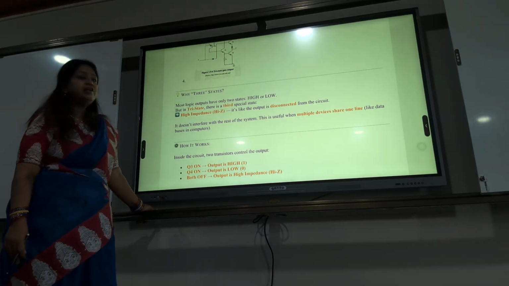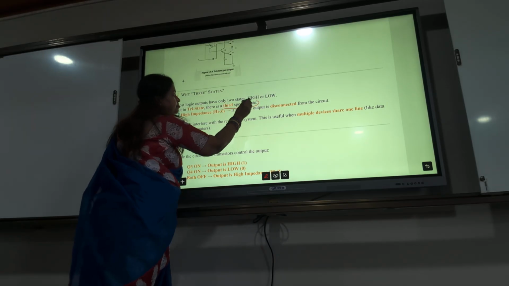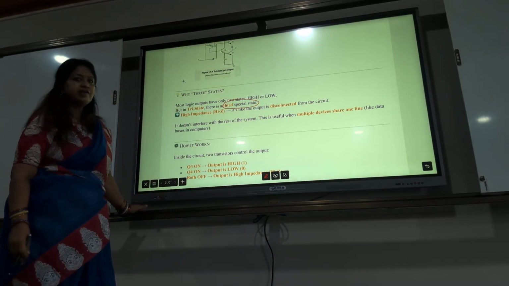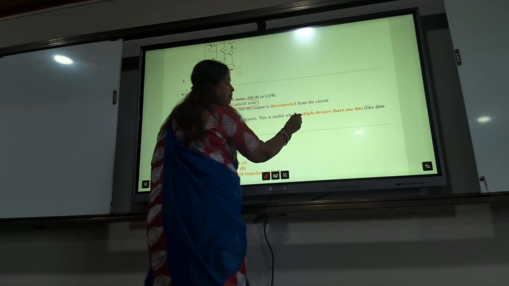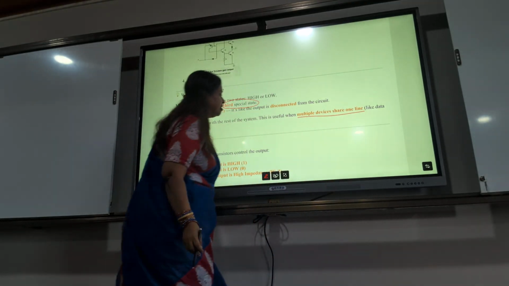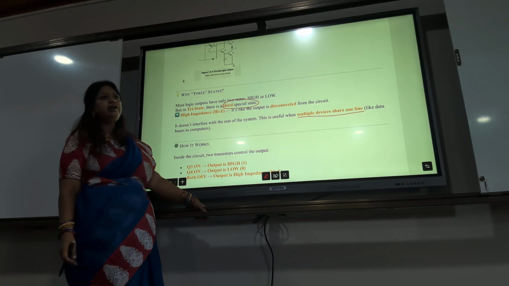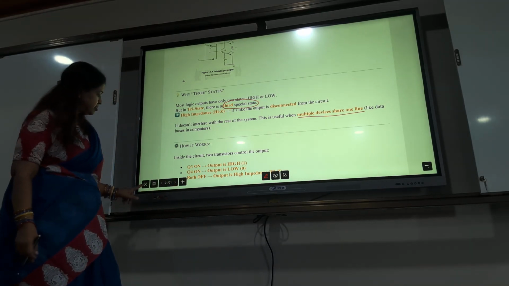But in tri-state there is a third special state, the high impedance state. It is like the output is disconnected from the circuit. It does not interfere with the rest of the system. This is useful when multiple devices share one line, like data buses in computers. There will be situations where you need such an output, so we use tri-state.